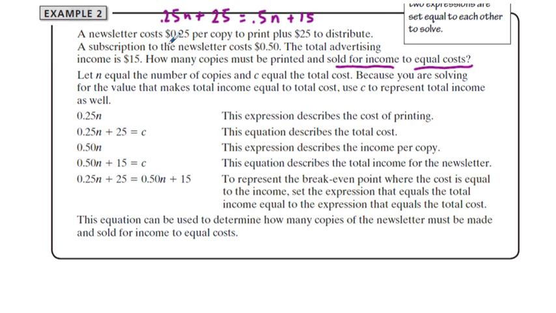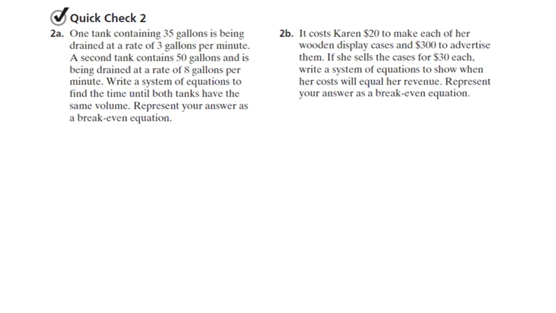And here we've written the system of equations that, by setting equal to each other and solving for n, we will know what our answer is for n, how many. And then if you have a TI-84 calculator, numerical solve will give you the solution to this one quite easily. Next, quick check 2.